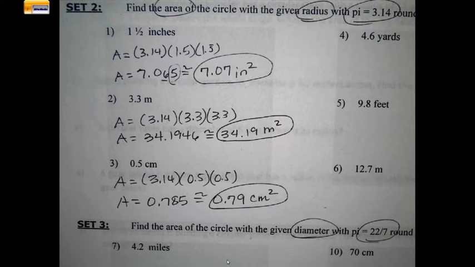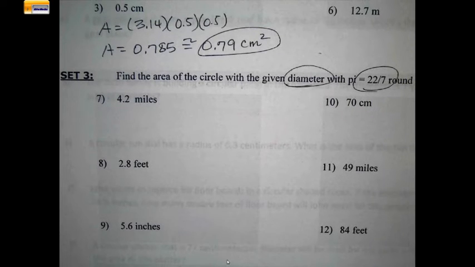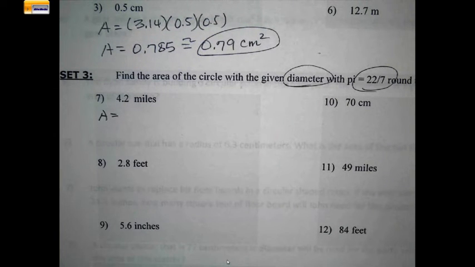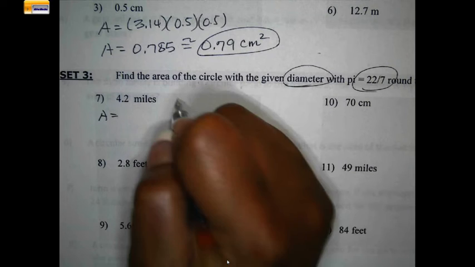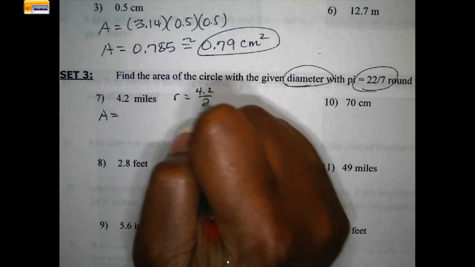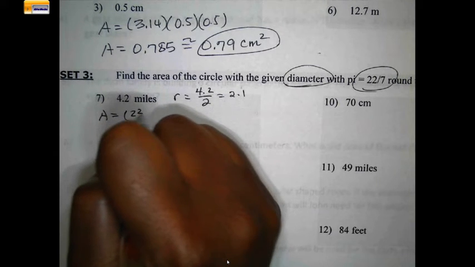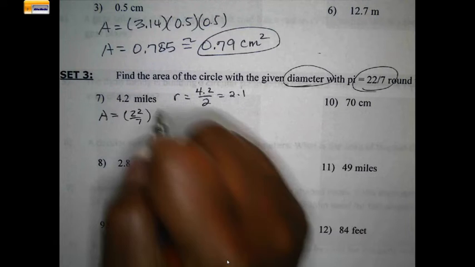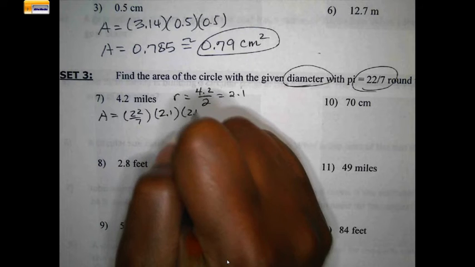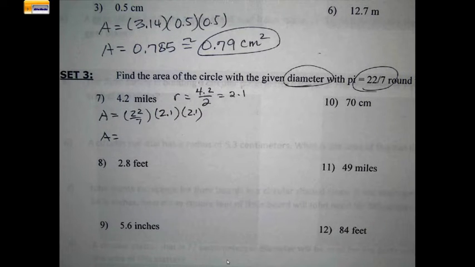All right, I'm going to go ahead and do the first 3 on the bottom one as well with the differences in it. The area is, I know my radius is going to be half of this. So 22 over 7 times 2.1 times 2.1. So you guys tell me what you get when you do this one.